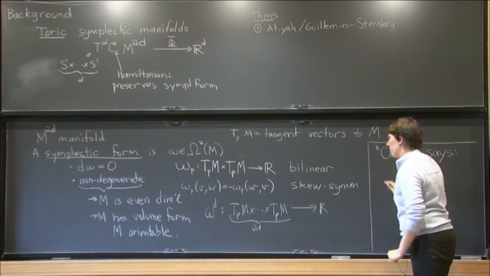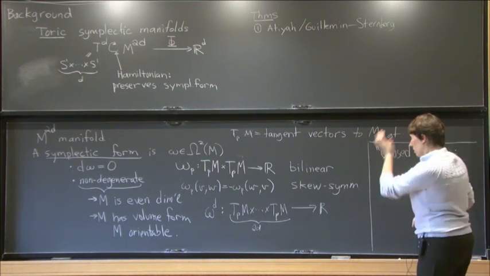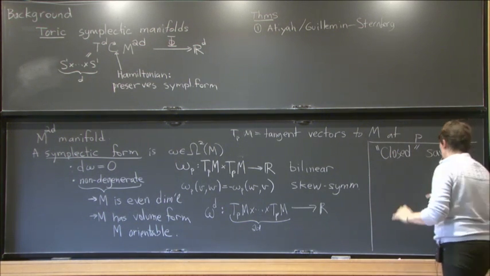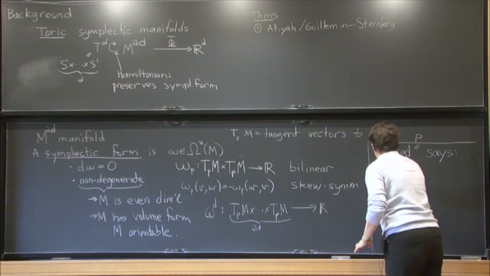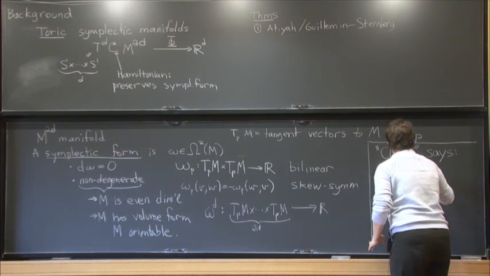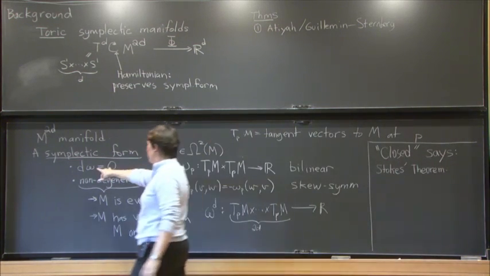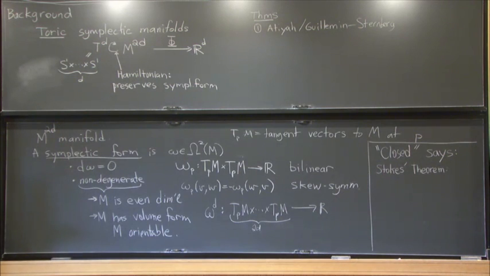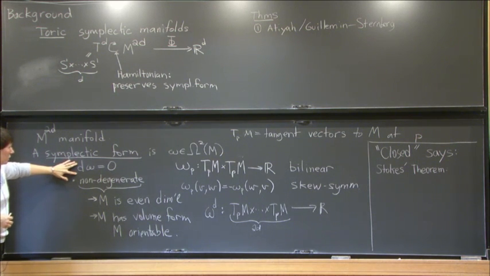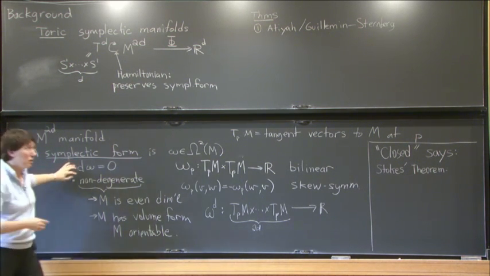Oh shoot, how does this go? Let's see. Okay, so this is closed, and so it potentially represents something in homology or cohomology, depending. And Stokes' theorem is going to allow us to show that it must be something non-zero. So it's closed. It's going to be 0 if it were exact.